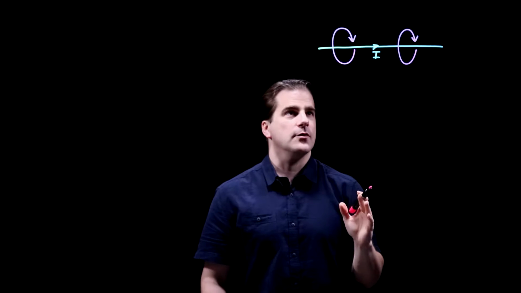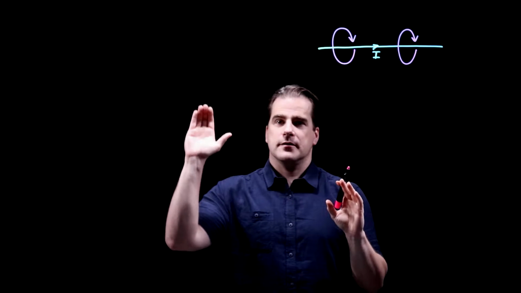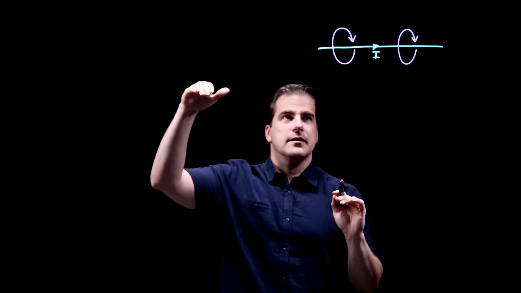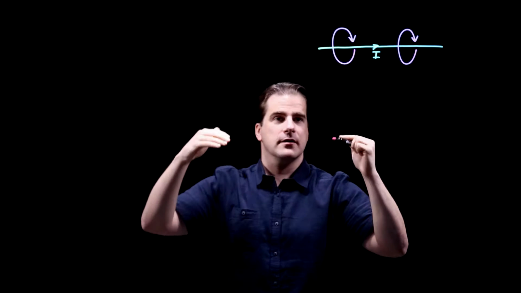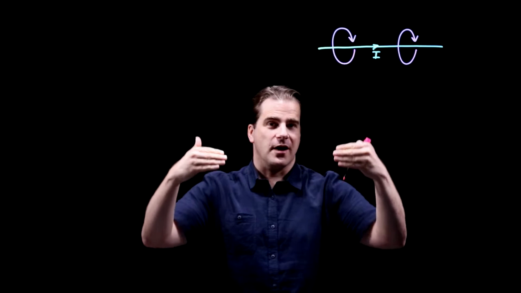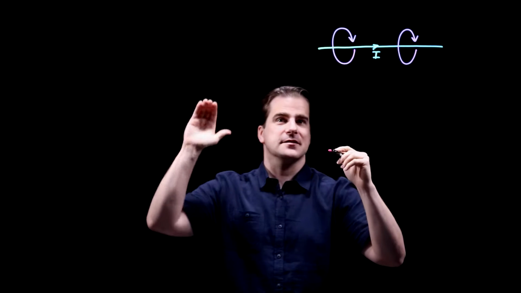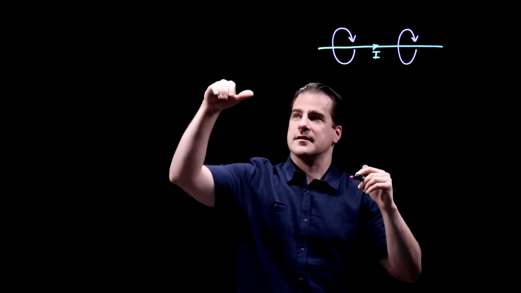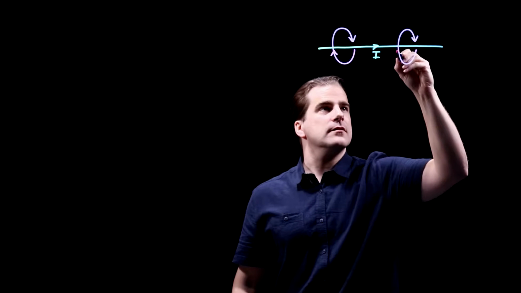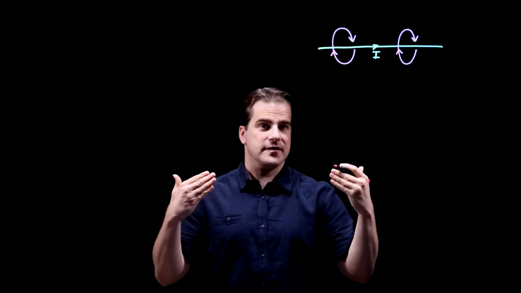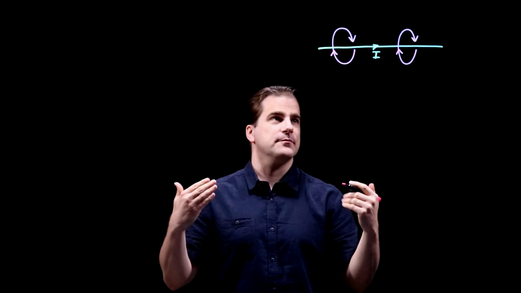Okay, so that means that arrow there, it's going down on that side of the glass, closer to you guys. Okay, and it's coming up here on this side of the glass, closer to me.